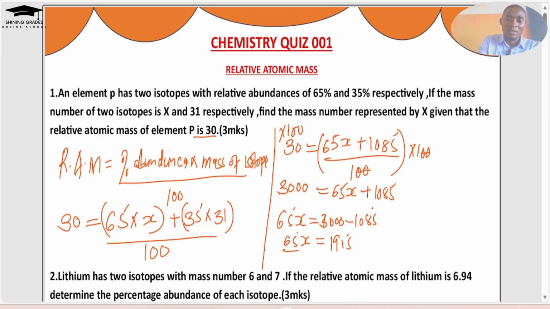And in this case, I divide by 65, and I also divide by 65 on this side. So we are going to have our X as 29.46.